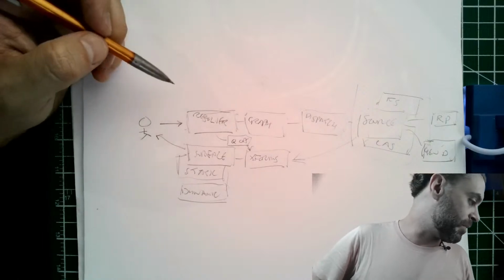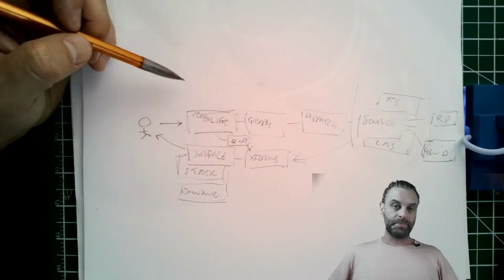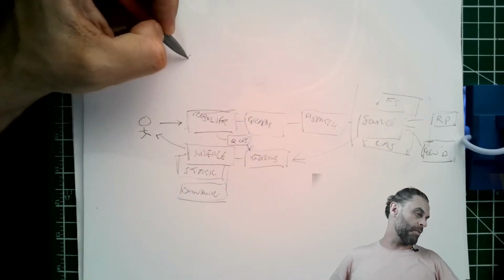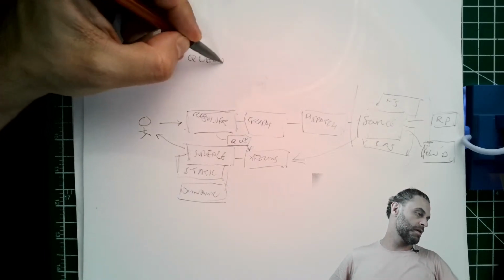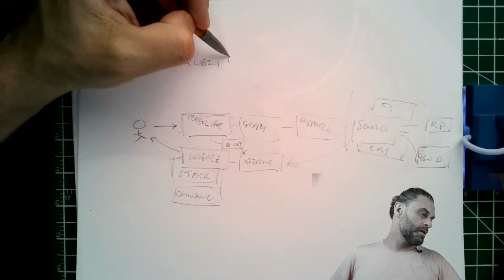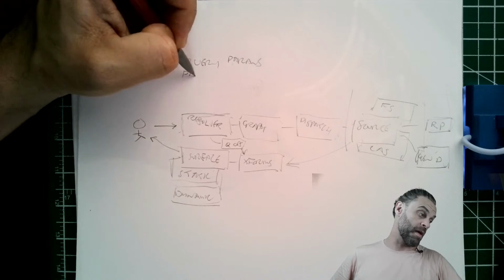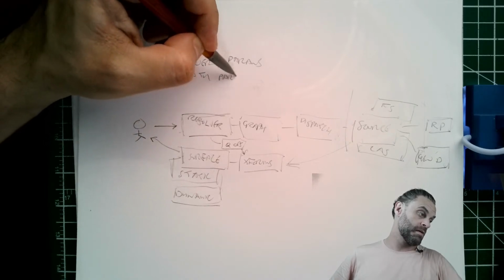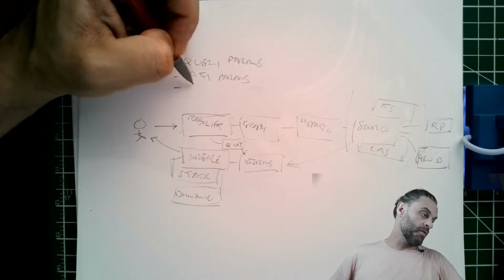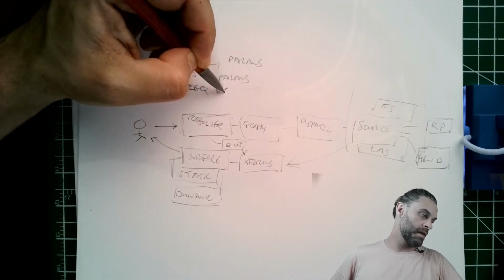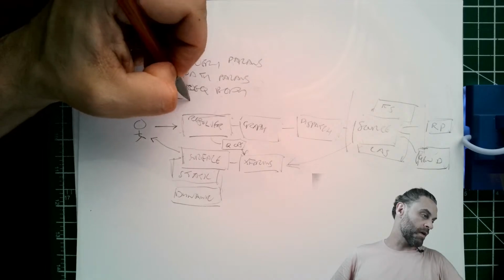Just as an example, you've got query parameters. You have path parameters. You've also got request body. You've got request method.